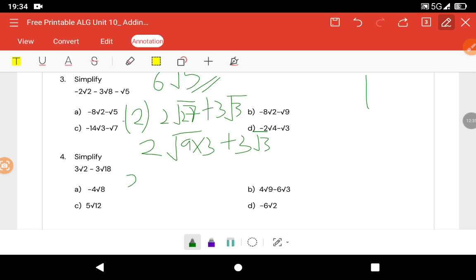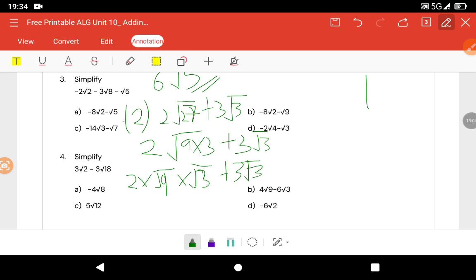So this is 2 times root 9 times root 3, plus 3 root 3.